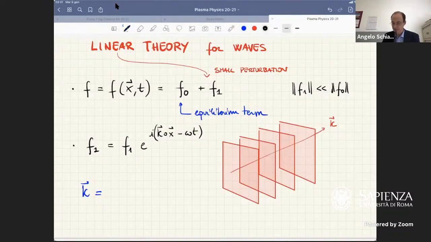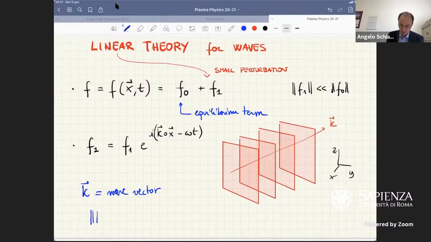So what I represented here actually is in 3D space. So K is called the wave vector, whose direction is the direction of propagation of the wave, and whose modulus, which we call just K, is the wave number.